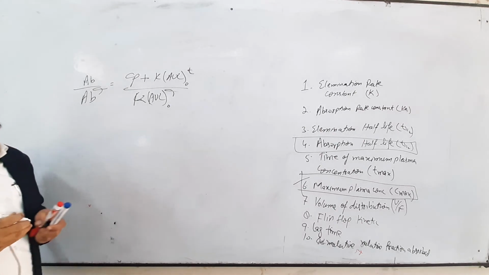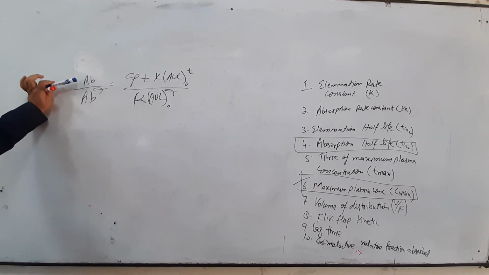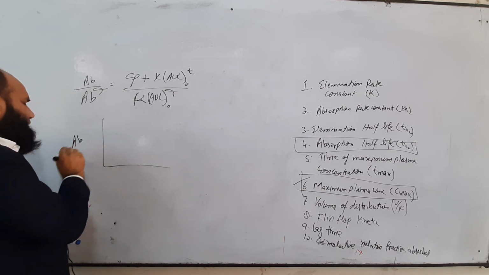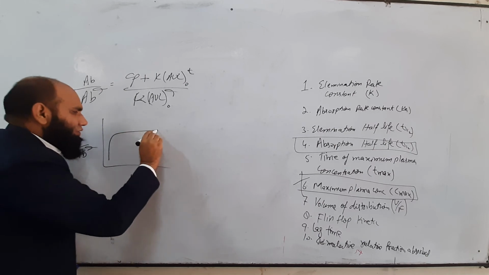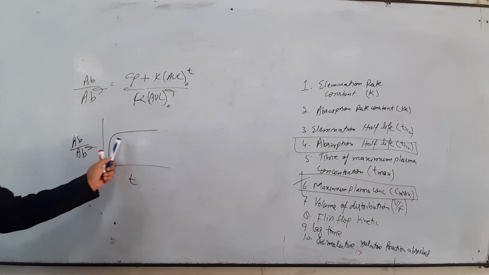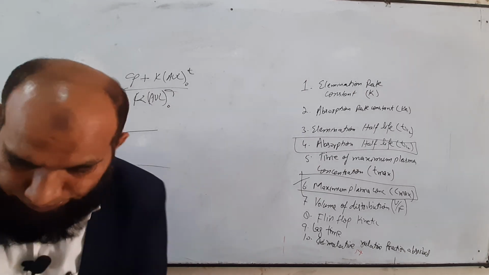That was the formula for AB over AB infinity. This is the cumulative relative fraction of drug which is absorbed. When we construct the graph of AB divided by AB infinity versus time, we take the values like cumulative data, because the concentration is increasing gradually with time. I hope you understand this concept.